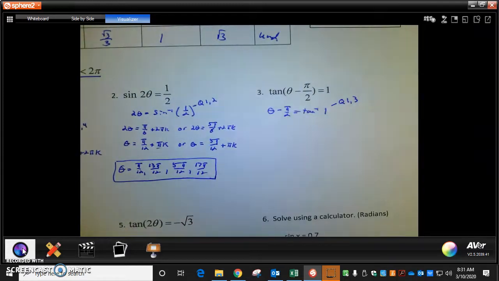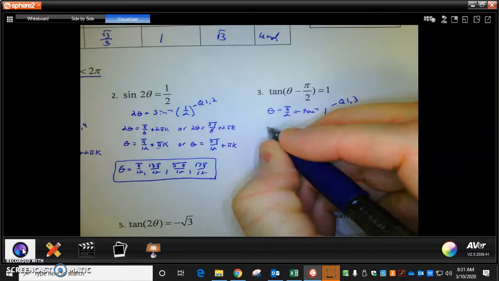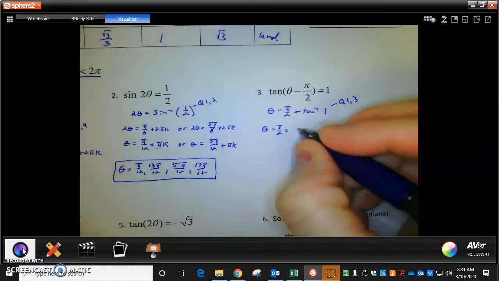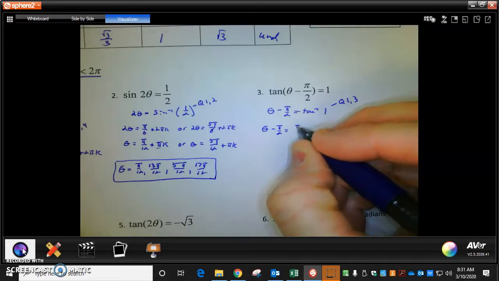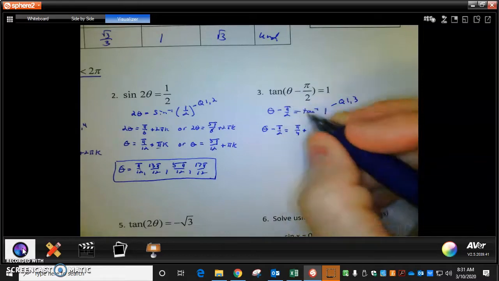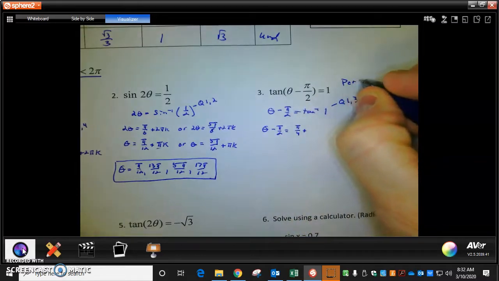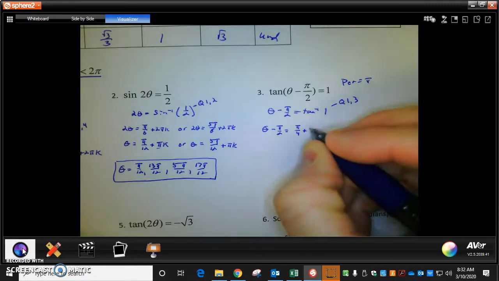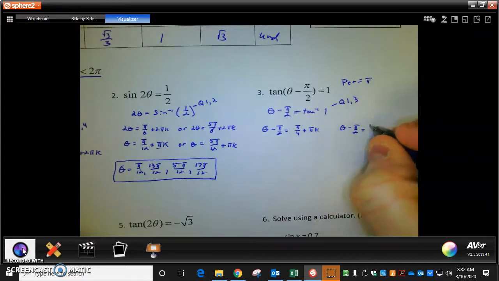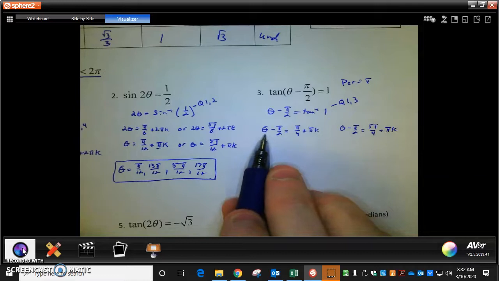So this part that we have solved for so far, theta minus pi over 2, is going to be equal to pi over 4 plus, remember, tangent has a period of 1 pi, so I'm just going to add pi k, or that theta minus pi over 2 could be equal to 5 pi over 4 plus pi k.